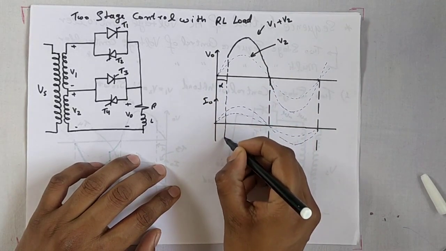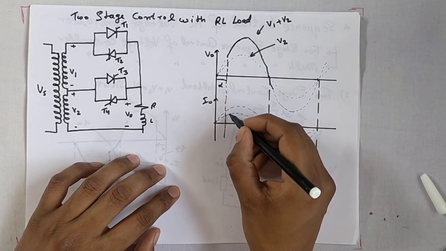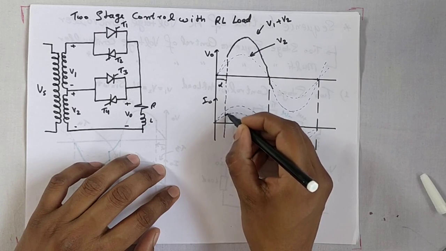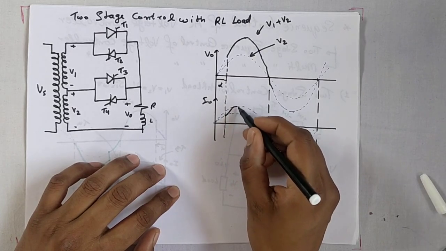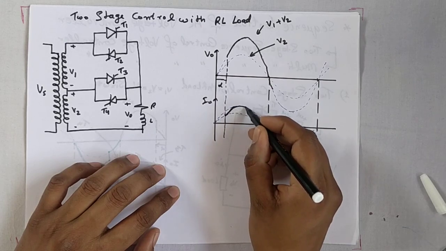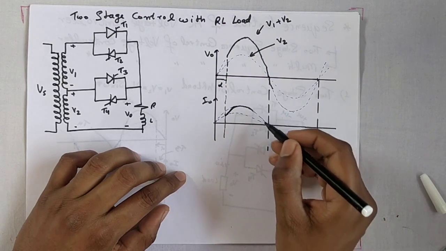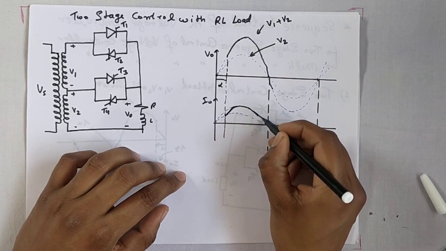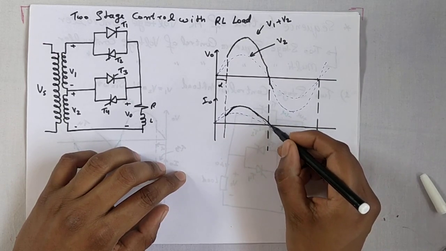At that time, current is increasing slowly and reaches here like this, and goes here.